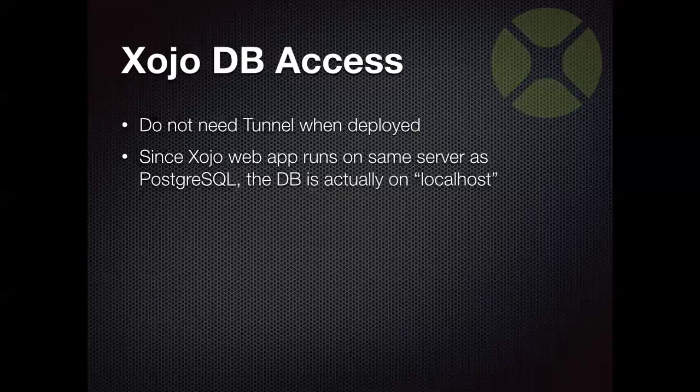So technically, the location of the database is actually localhost because the web app is running on the same server that the database server is. So when you're configuring stuff in Xojo, you're just going to put in localhost, just as if you had Postgres installed on your development machine.